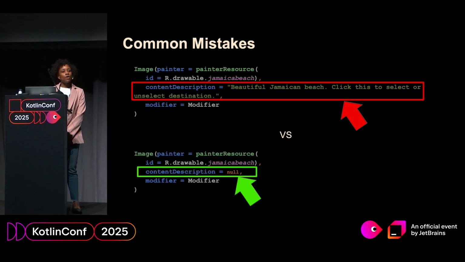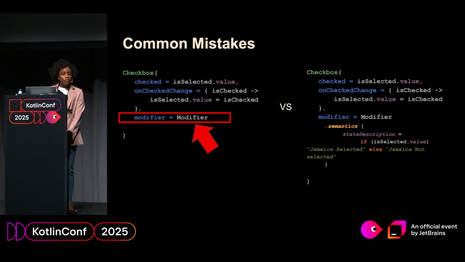But if you are using things like merge semantics, like we touched on before, if an image is in some type of composable, like a row or a box, you can merge them together, and the image wouldn't be spoken to the screen reader because it would most likely be spoken as null or unlabeled.